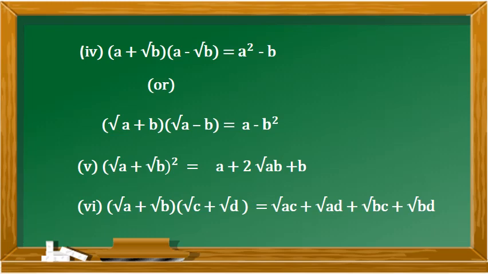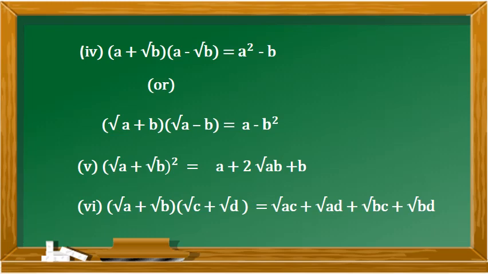The fifth one is square root of A plus square root of B the whole square. It is in the form of A plus B the whole square, where A is equal to square root of A and B is equal to square root of B. So when you follow the identity, the only difference is you have learned identities, but here it is square root.